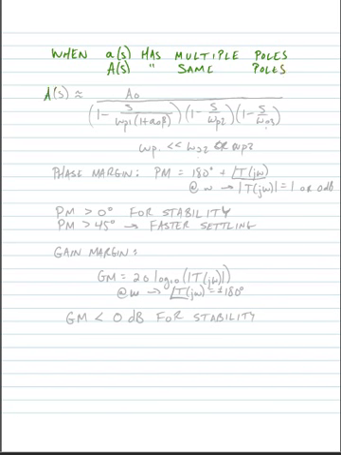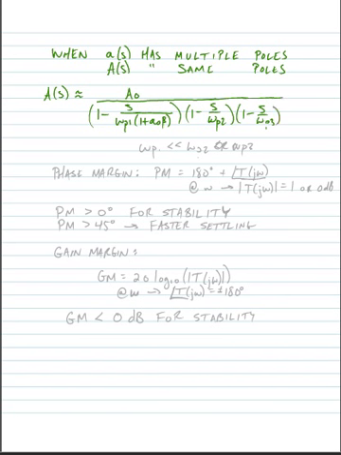For instance, we could write big A of s is approximately equal to the DC closed loop gain divided by 1 minus s over omega p1, times 1 plus the DC loop gain, times 1 minus s over some second pole, omega p2, times 1 minus s over omega p3.